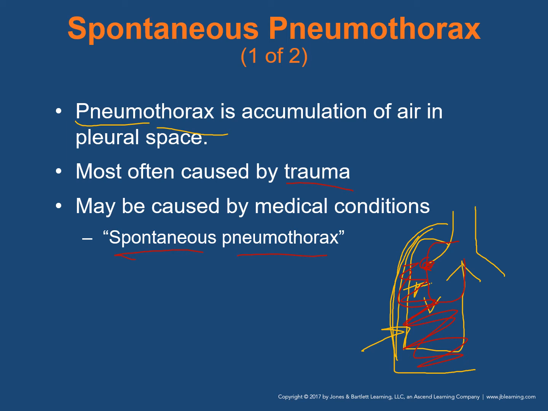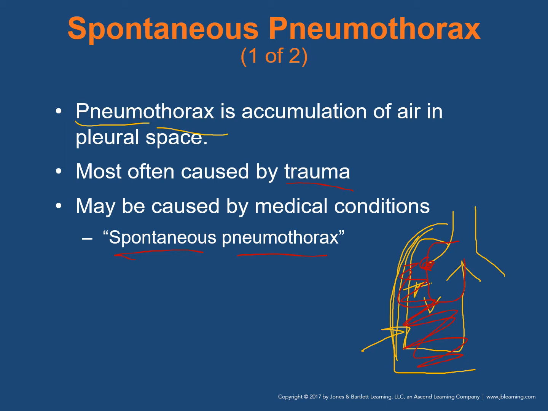So listen to their lungs. They might have this symptom called pleuritic chest pain, where it hurts when they breathe in and out, hurts when you push on it. Sometimes you can hear decreased breath sounds on that side. Sometimes it's small enough that you can't hear any changes, but what they need is an x-ray. They need to figure out if that air is accumulating in that space.